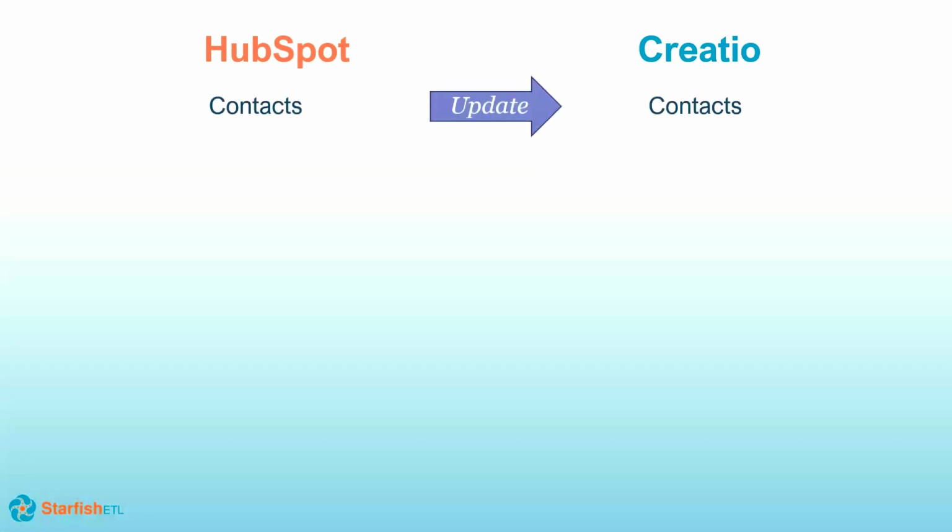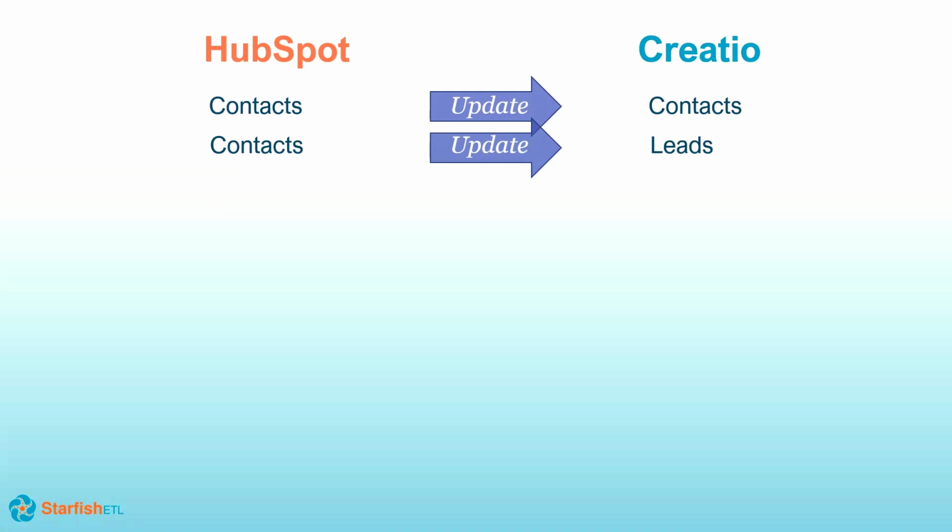Contacts updated to contacts. So if I have a contact in HubSpot and I find out that their title changes from assistant director to vice president, I can go in and make that change and it'll be updated in Creatio. I can, in the same respect, update a contact. HubSpot, as you know, only has contacts.